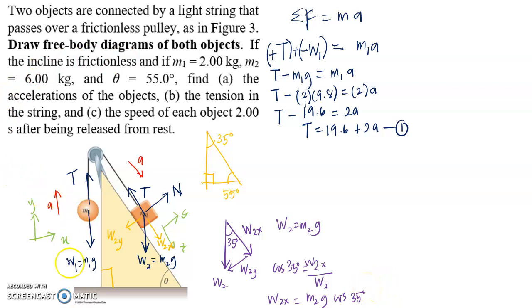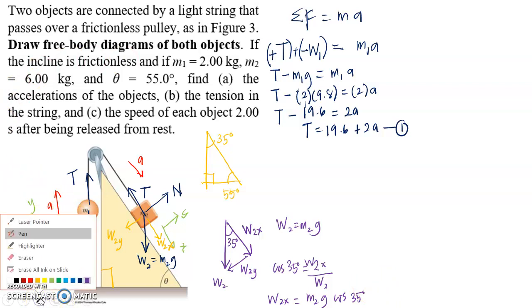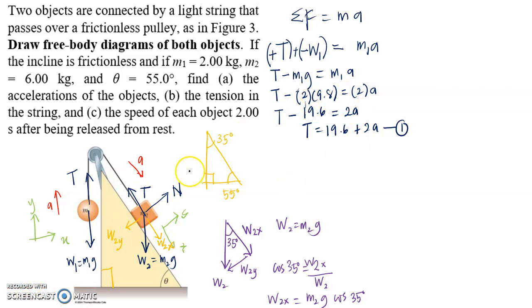With that, we're going to solve the x component of mass 2, which also has this acceleration. So total force is equal to ma for mass 2, using this black color marker. And then we see that there will be two forces on the x-axis, which are T as well as W2x. We're just going to list the forces for now.